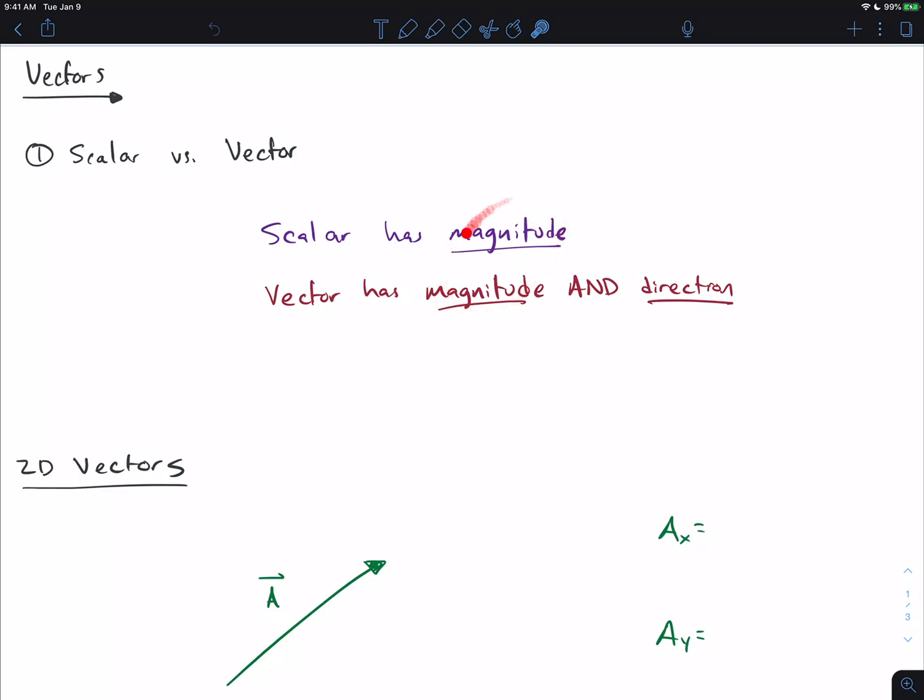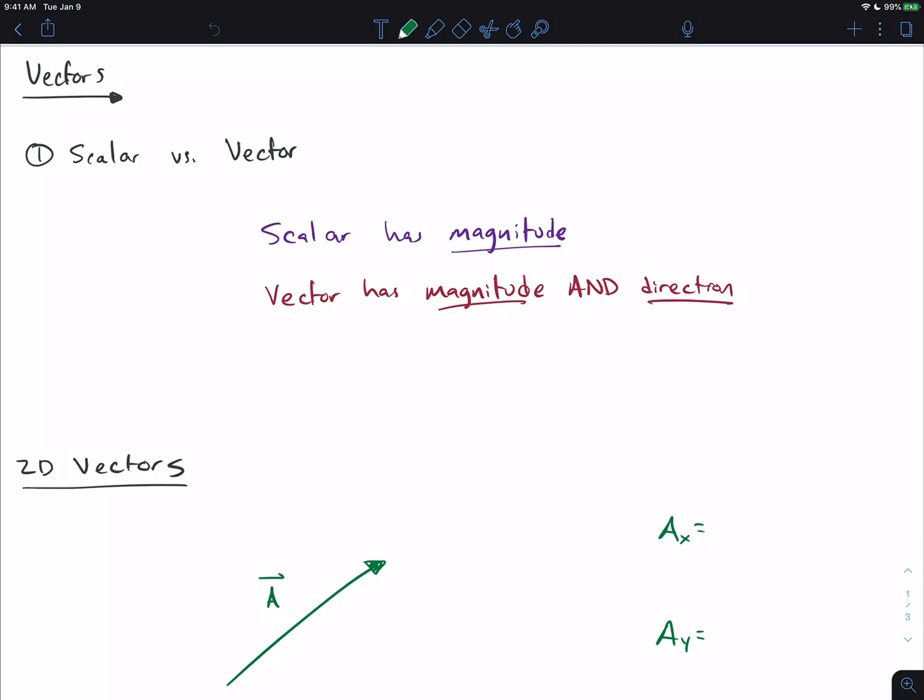I've had a lot of students ask me, what's the formula for magnitude, right? We don't have a formula for magnitude. So be careful. Magnitude is just a word that I'm using to describe an amount, a number, right? So a scalar value has a magnitude. That is just a number, right?